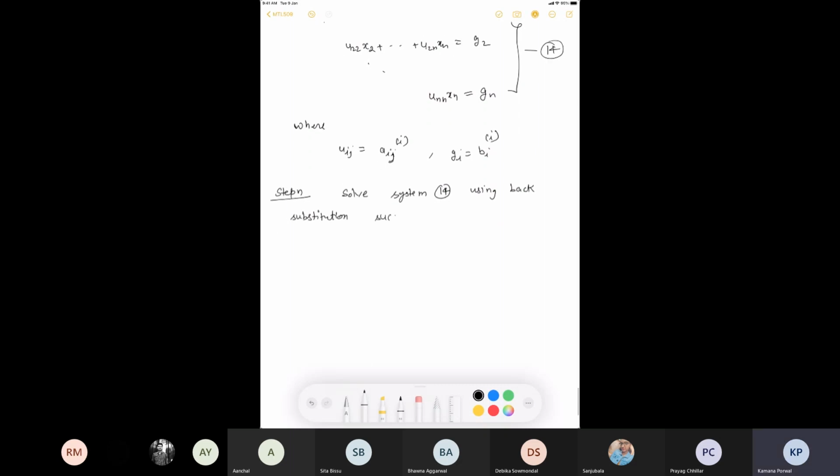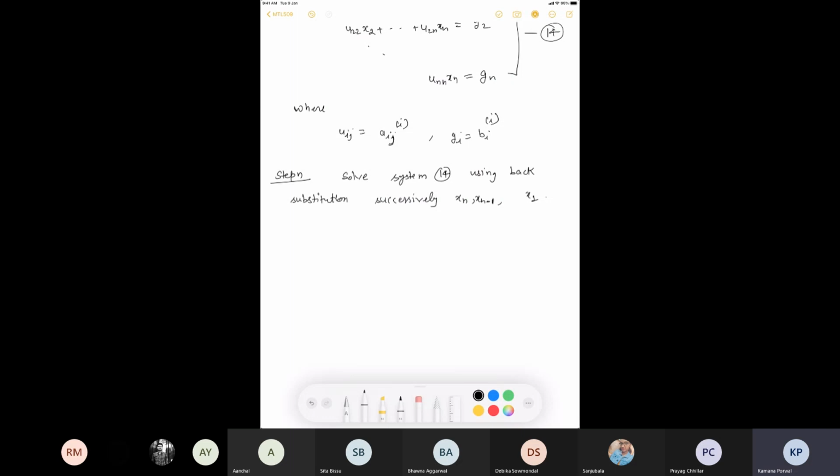That will give you the coefficients xn minus 1 up to x1 successively. So xn is going to be simply gn divided by unn.